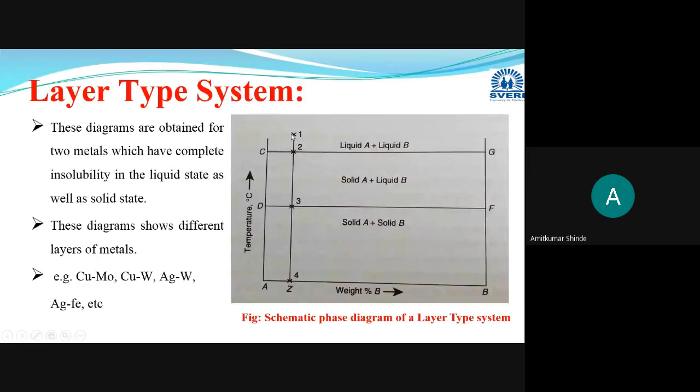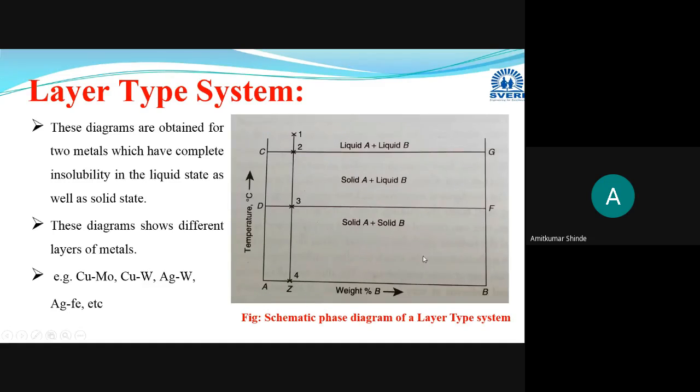Okay, I will repeat this part. Now I am explaining the cooling of this curve with Z% of element B. Or you can consider any percentage here, 10% B, 20% B, 30% B, like this. Now I have marked points 1 to 2. In this region from 1 to 2, the alloy will be in liquid state only, but you will be able to find two different liquids as element A and element B are completely insoluble in each other.